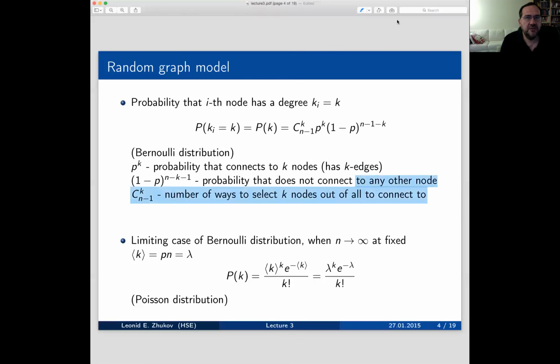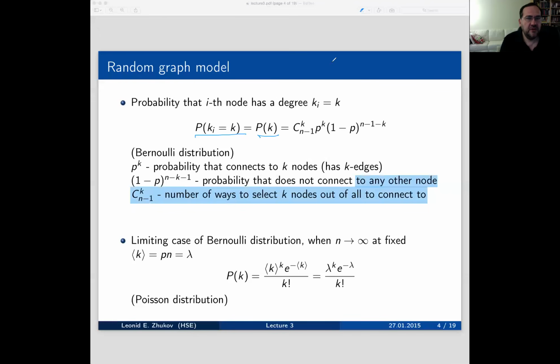What we want to do is find the degree distribution, the probability that node i has degree k, or P(k). We've seen before that in power law networks, that was a power law. Let's try to understand this distribution for a random graph.